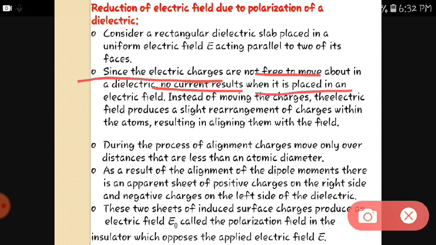But when it is placed in an electric field, instead of the charges moving, another thing happens. Obviously they will get aligned. So the electric field produces a slight rearrangement of the charges within the atom.